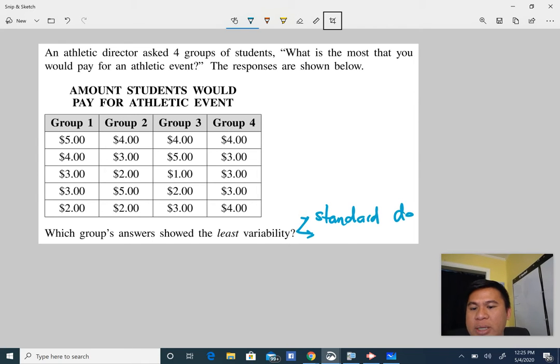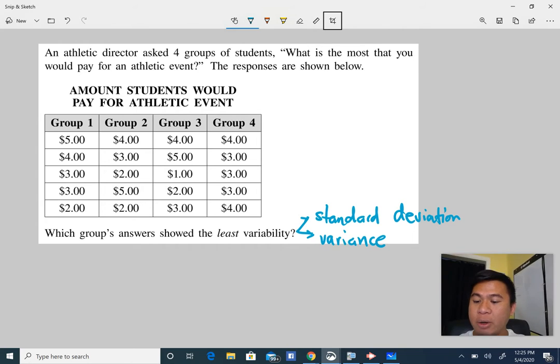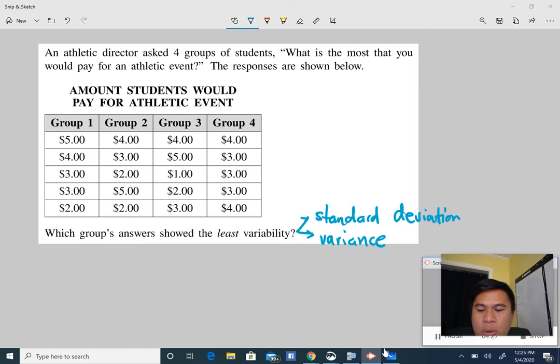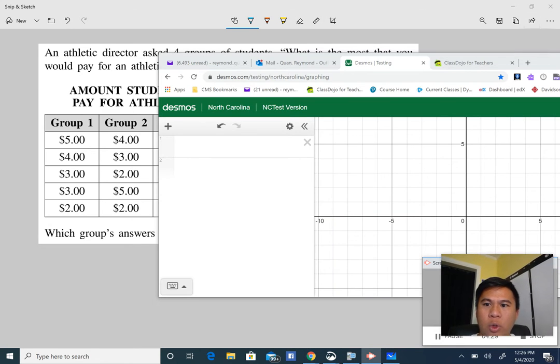Again, that will be a standard deviation, or it can also be a variance. And again, we can use either a TI-84 calculator for this, or we can also use our Desmos. So let's use our Desmos for now. I am now using Desmos for this case.